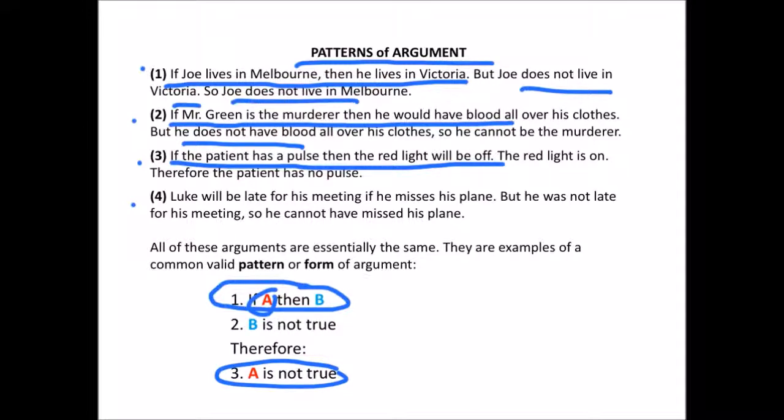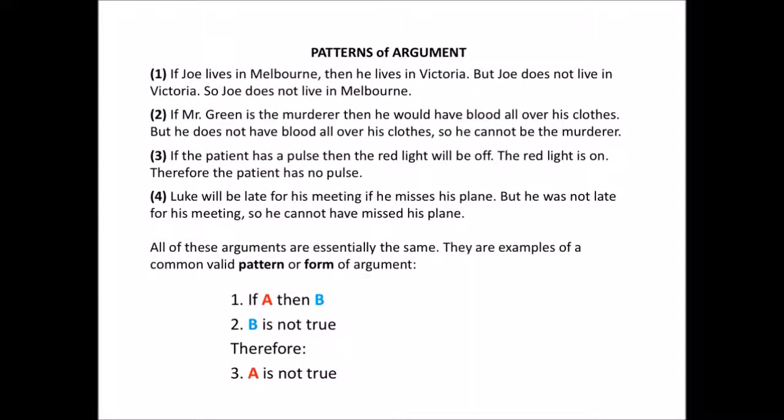Joe does not live in Melbourne. Green cannot be the murderer. The patient does not have a pulse. So all four of these deductively valid arguments fit this pattern. And they all look like this. If A, then B. B is not true. Therefore, A is not true.